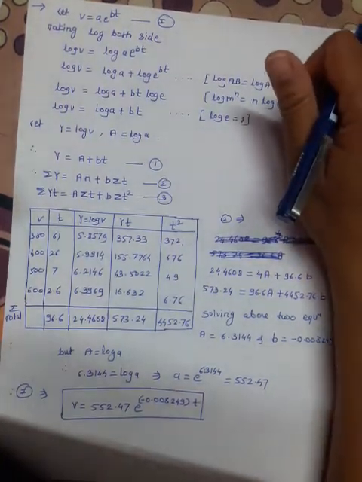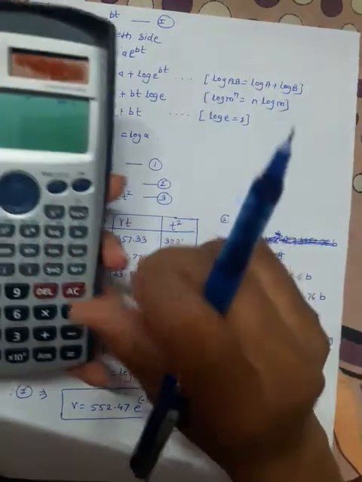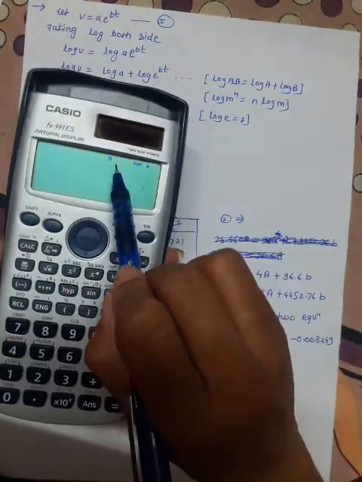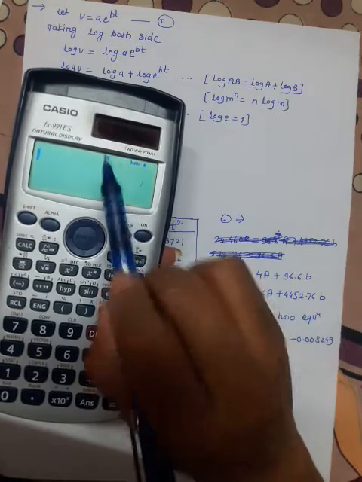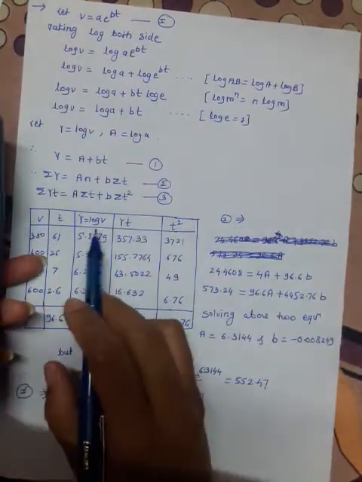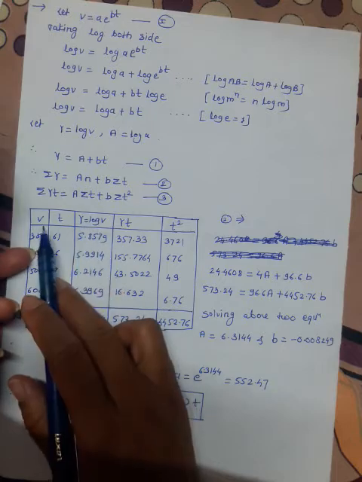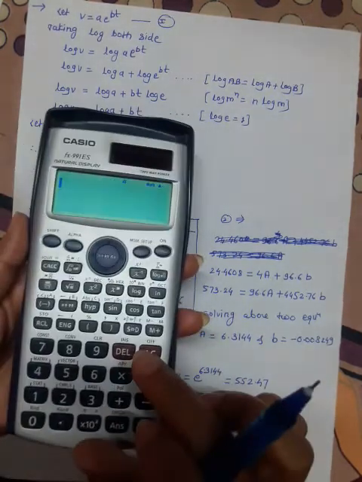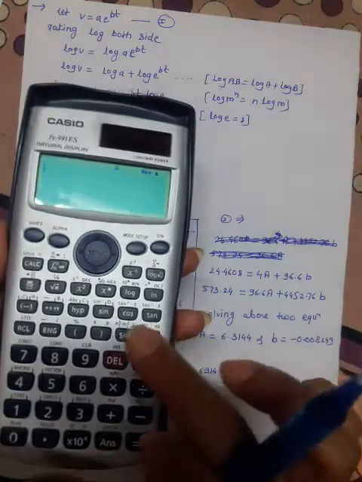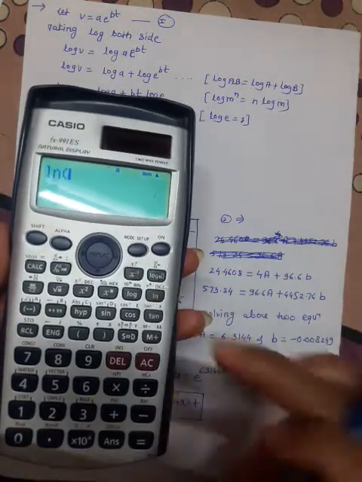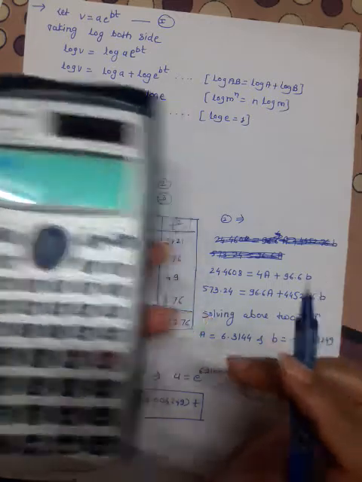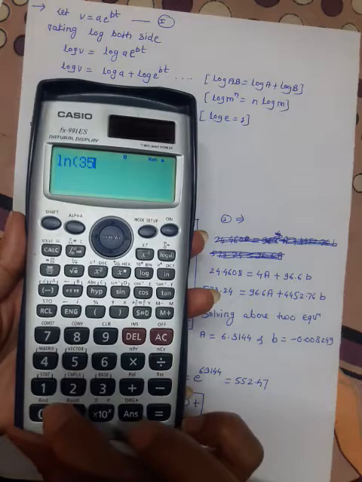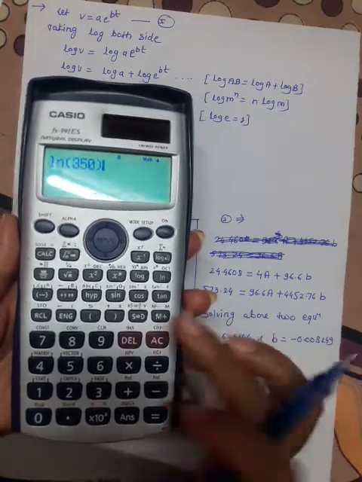Let us see that calculation. Put this calculator in degree format, math and d only. Now what we have to find is y, the log of this column. For 350, log means ln, if you can see here, ln is this one, log to the base e of 350, bracket complete.